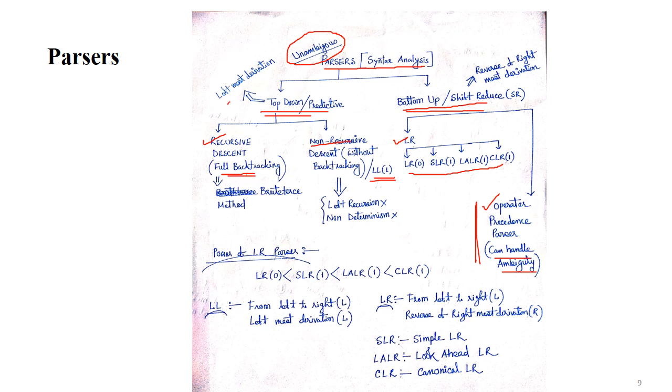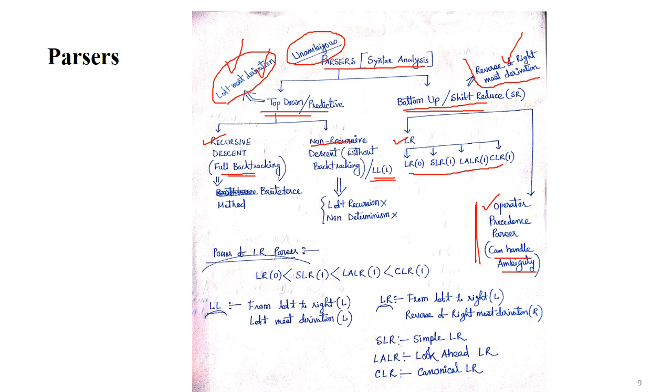Now I have written here leftmost derivation. That is because top-down parsers are always generated with the help of leftmost derivation, and bottom-up parsers are always generated with the help of reverse of rightmost derivation. We will discuss leftmost derivation and reverse of rightmost derivation in the next slide.